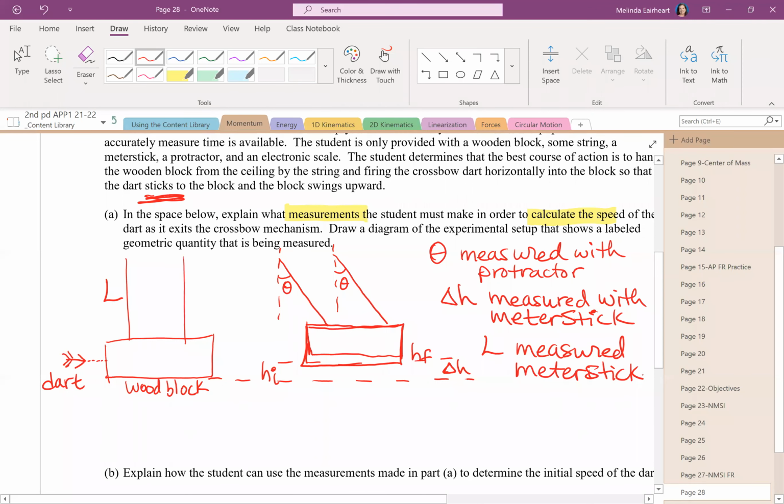Anything else to be measured that might help us find the velocity? Mass. And so maybe MW and MD I label. So MD and MW would be measured with the scale, the electronic scale.